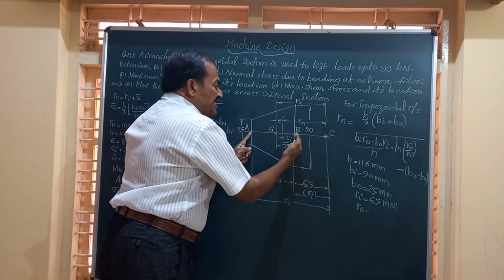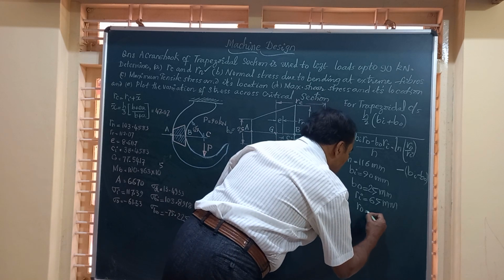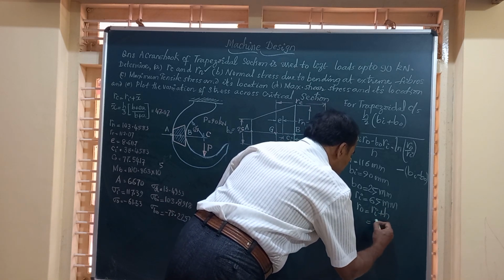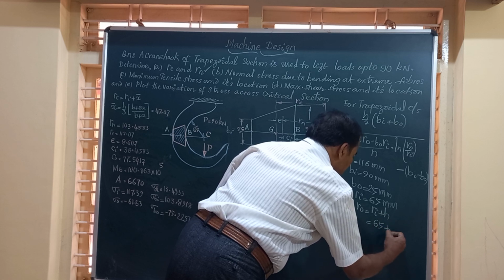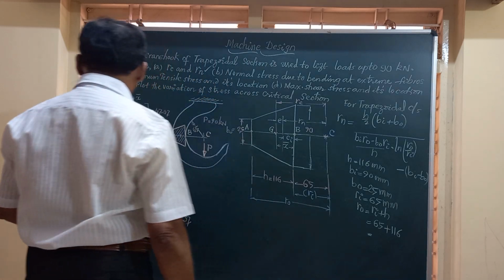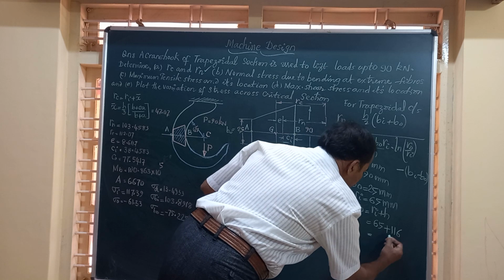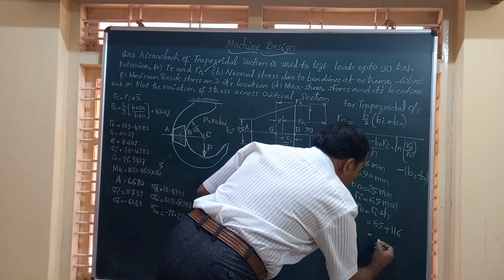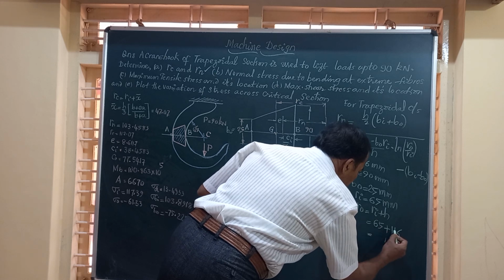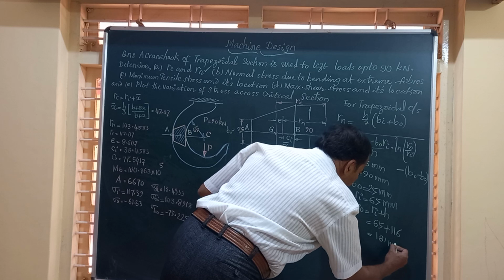And R naught is the distance of the outer fiber A from the center of curvature. So this is Ri plus this value H, that is Ri is 65 plus H is 116. This R naught works out to 181 millimeter.